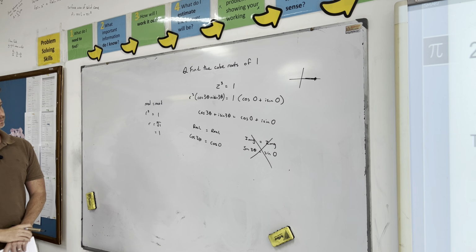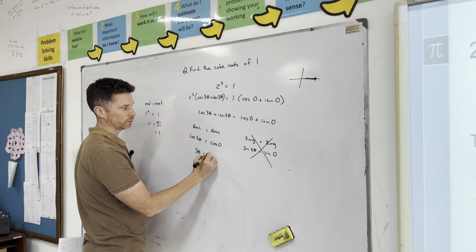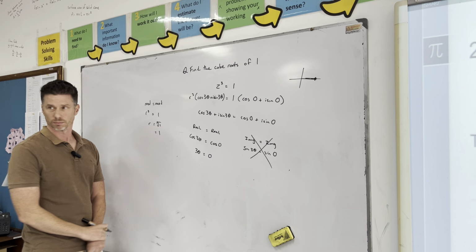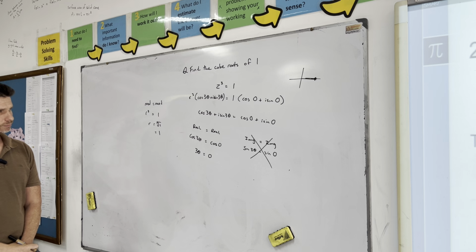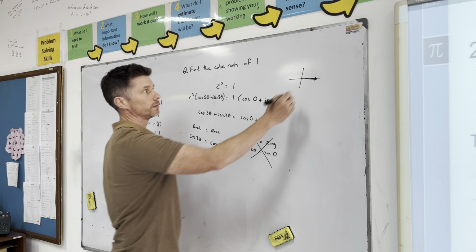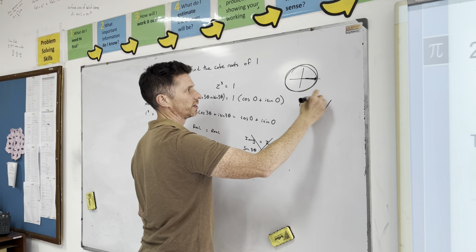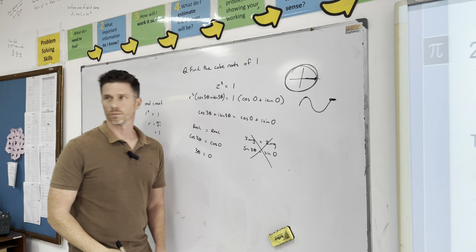Okay, so we could say that 3 theta then is equal to 0. But because of the nature of cosine, there are a bunch of times where that's going to be true.